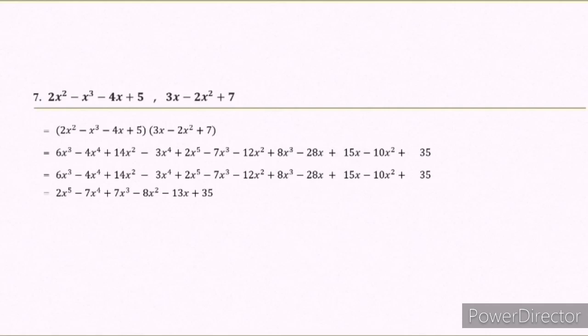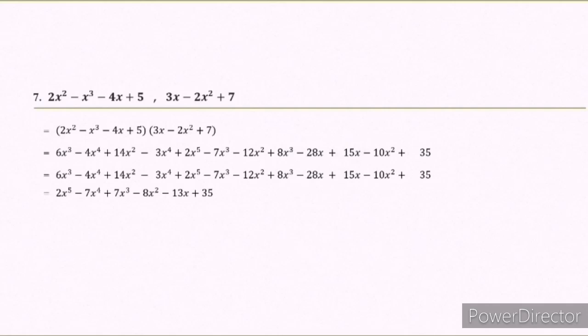The next is 4x times 3x is equal to 12x squared. 4x times 2x squared is equal to 8x cubed. Then 4x times 7 is equal to 28x. Then 5 times 3x is equal to 15x. Then 5 times 2x squared is equal to 10x squared. 5 times 7 is equal to 35.